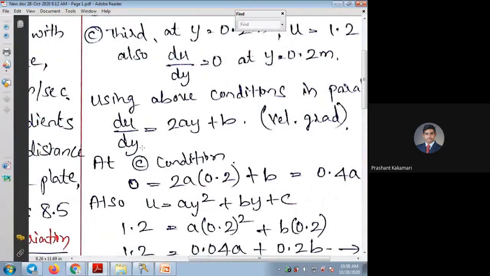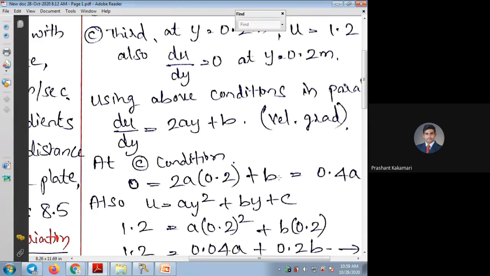So now du by dy equal to 2ay plus b is there. Known values are velocity 0 and velocity 1.2. So now for condition C, I'll put du by dy as 0. You know that at condition C, the velocity gradient is 0. That can be written as 2a into y, and at the top position the distance is 0.2 meters. I'll substitute 2a into 0.2 plus b.